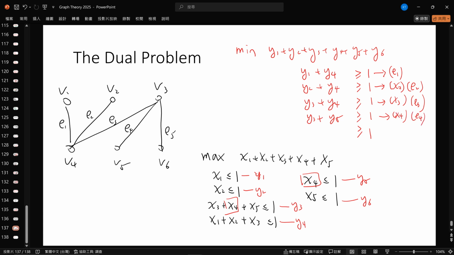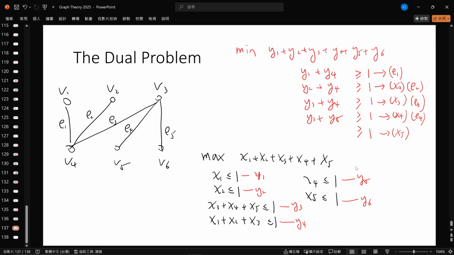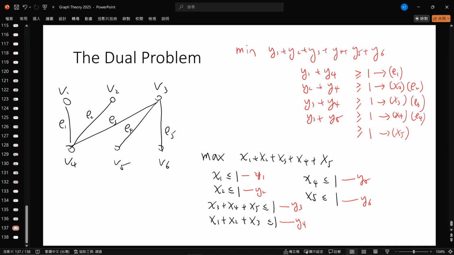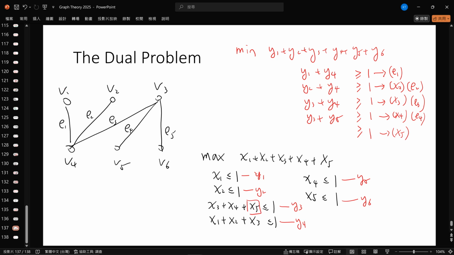Okay, so finally, for x5, so x5 appears in the third and last constraint. Okay.